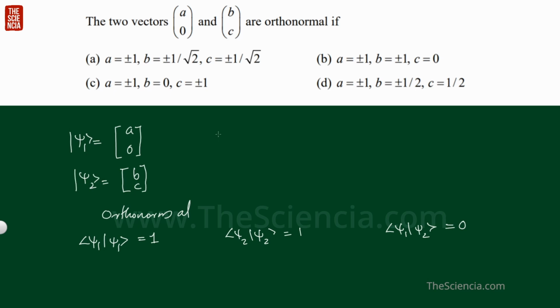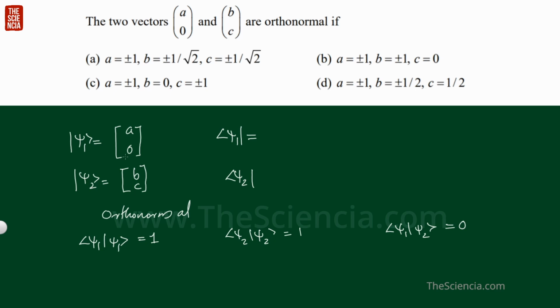Now we have to find out the bra psi 1 and bra psi 2. So we can substitute those values in these equations and we can find out the values of A, B and C. So what will be the bra psi 1? Generally we know bra psi 1 is the complex conjugate of the function.